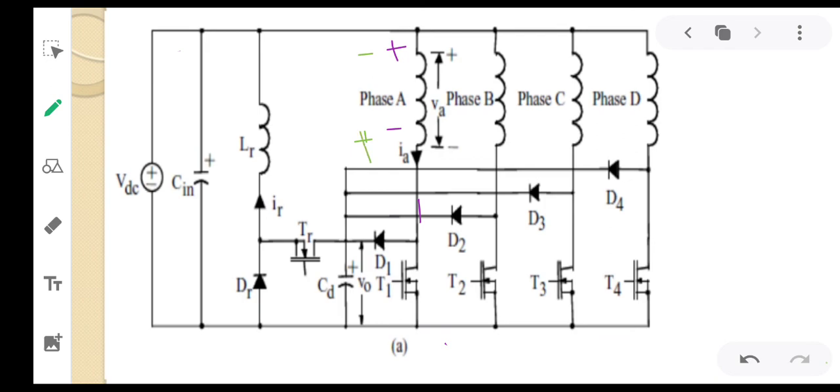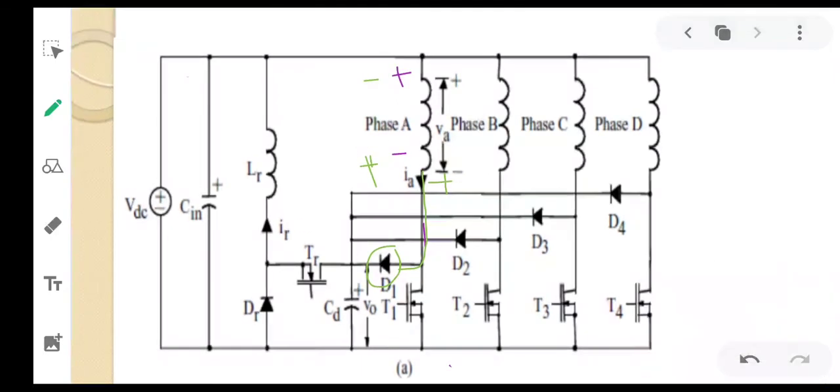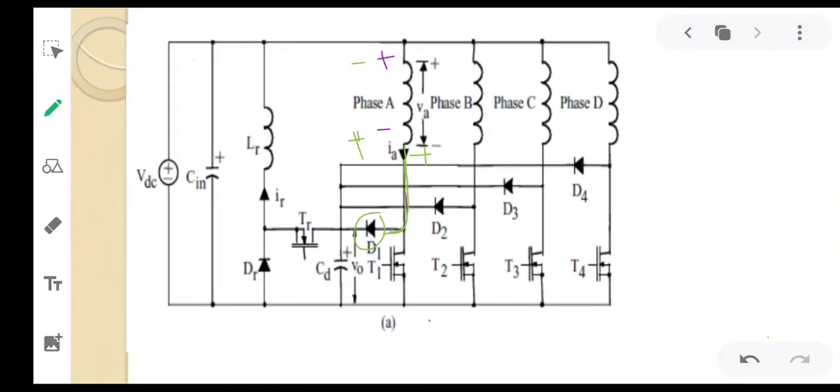Now this plus will make this diode D1 forward biased, right? Because this is now plus, polarity will get reversed. So what happens? This diode will be forward biased. Therefore the stored energy is dumped to this capacitor.